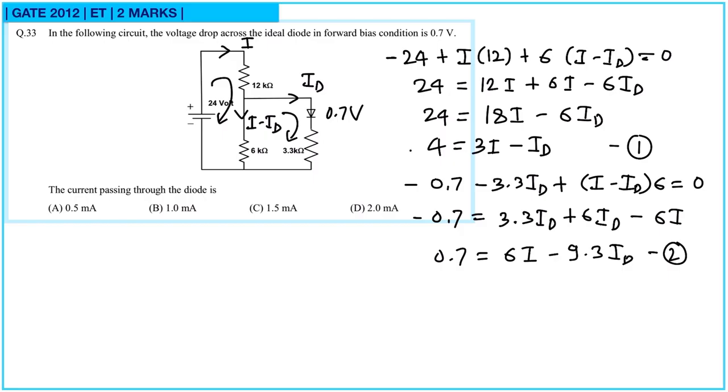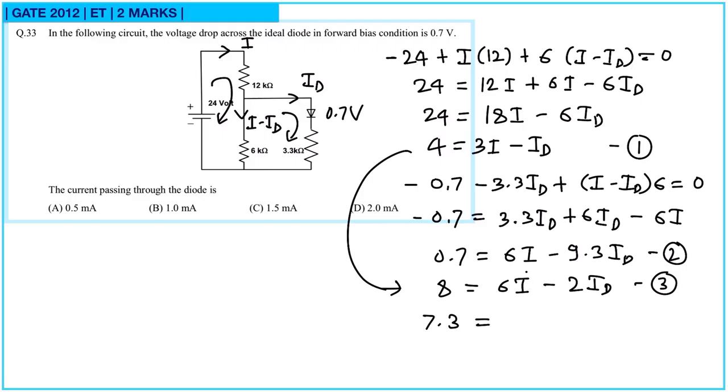Let me multiply this equation by 2. So this will be 8 is equal to 6I minus 2ID. Equation number 3. Let us subtract these two equations. So 8 minus 0.7 is 7.3. 6I and 6I will cancel out. And minus 2ID minus minus 9.7 ID, that is minus 7.3 ID.